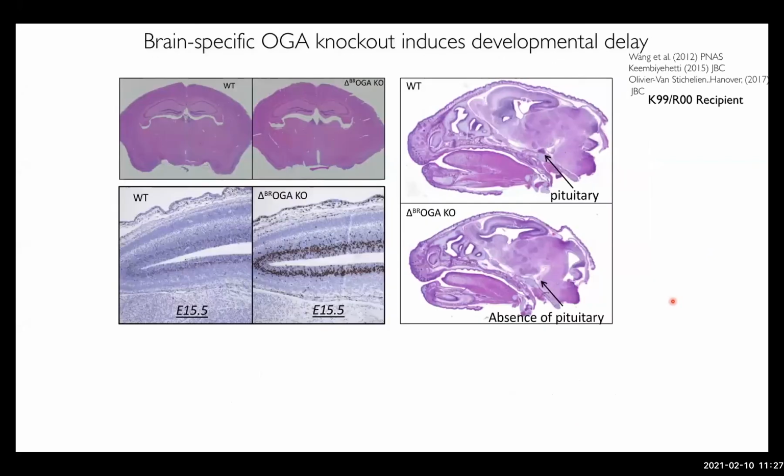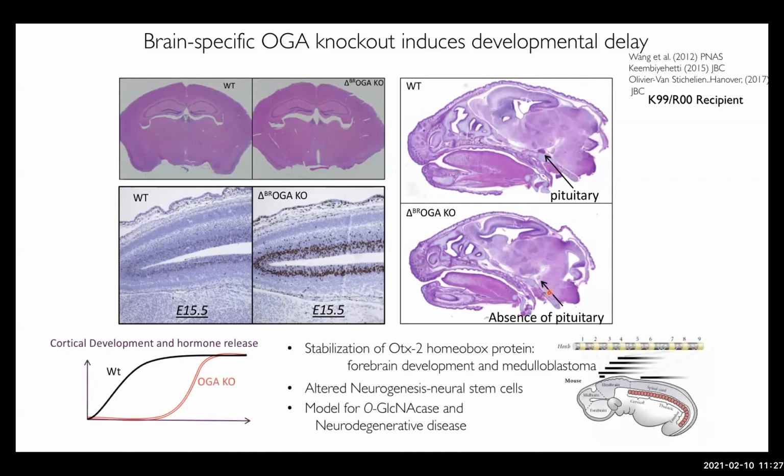When we looked at the brain, we found something very interesting, and that is there was a developmental delay phenotype associated with these paraventricular regions. There was also near complete absence of the pituitary in these animals. In subsequent analysis, we found that both cortical development and pituitary hormone release are dramatically delayed in these OGA knockout animals.